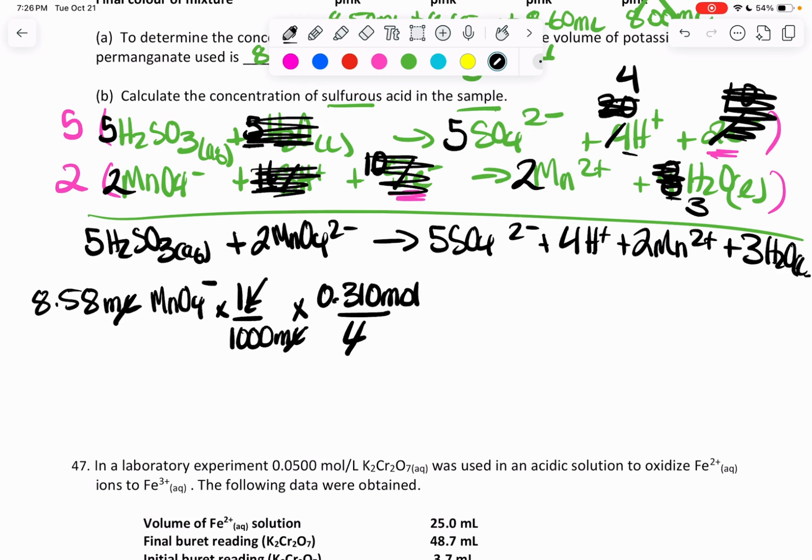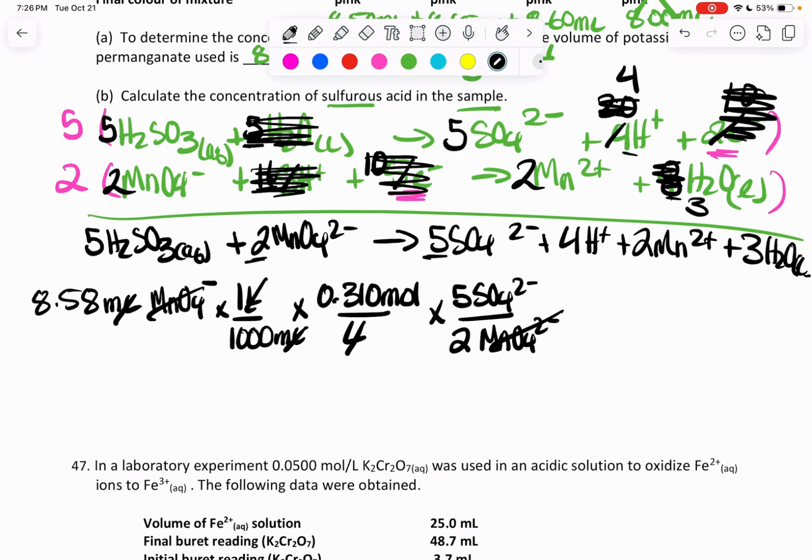I'm going to cancel out my liters. Then I know my ratio of SO4 to MnO4 minus is 5 to 1, so 5 SO4 2 minus for every 2 MnO4 2 minus, so 2 to 5.